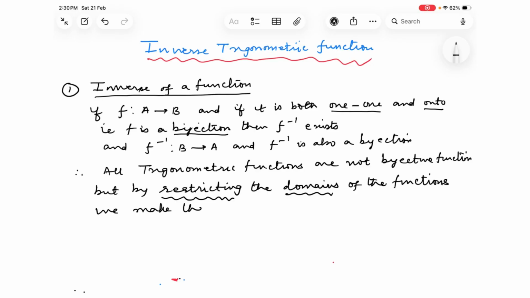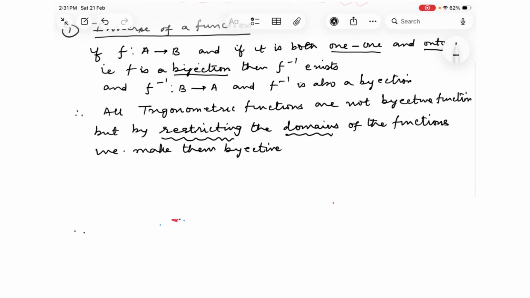Otherwise, trigonometric functions cannot have their inverse as such if domains are not restricted. Therefore, let us start defining inverse trigonometric functions one by one.